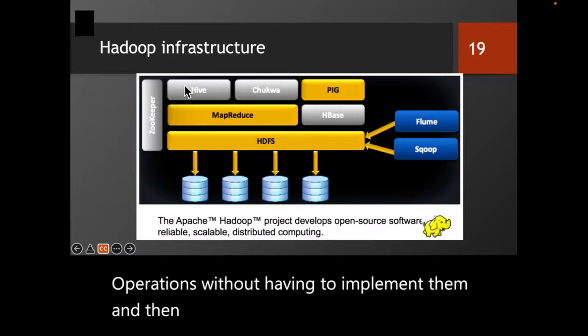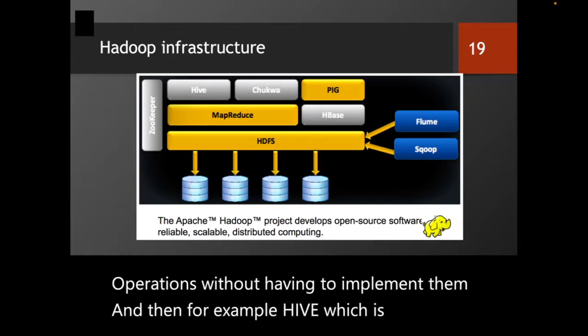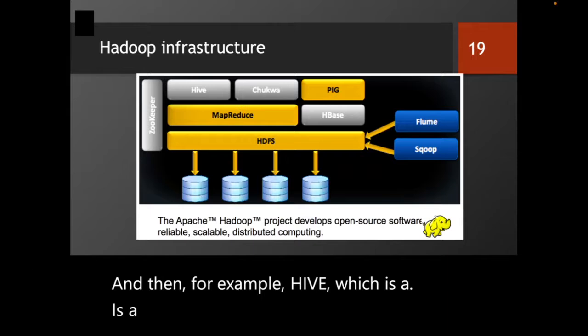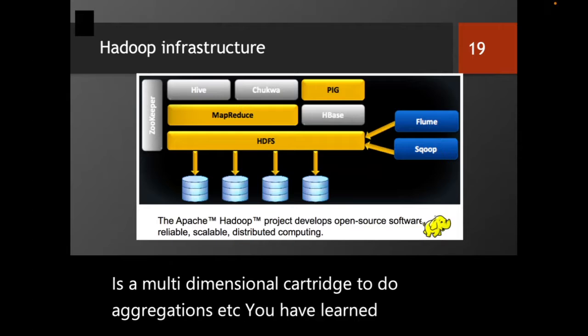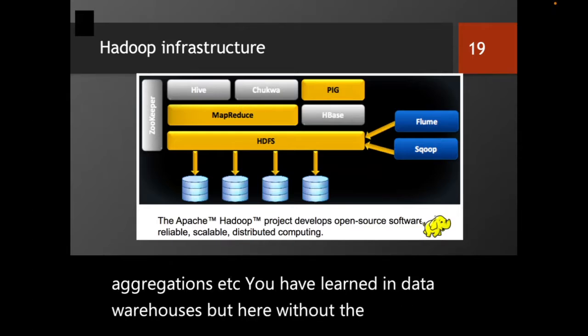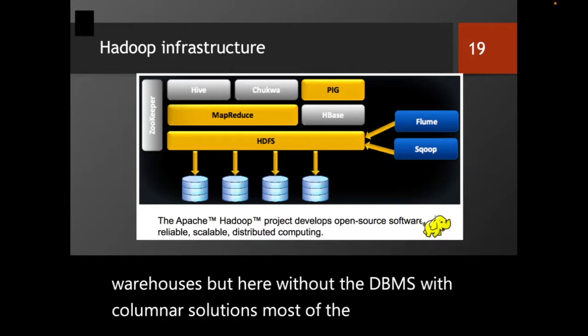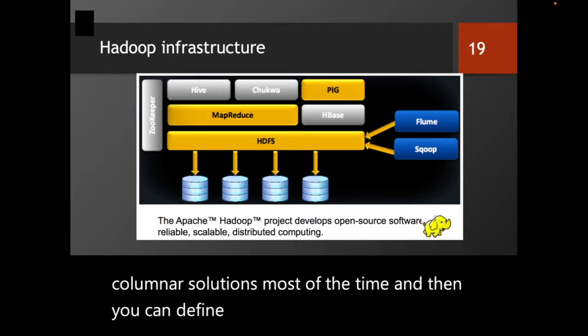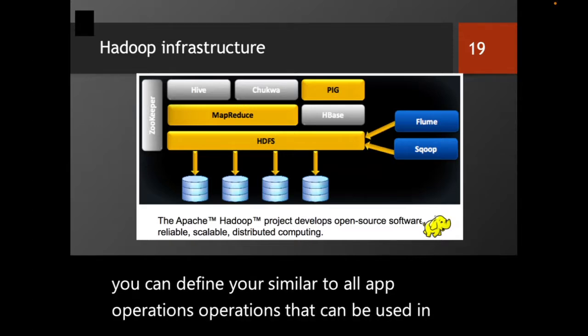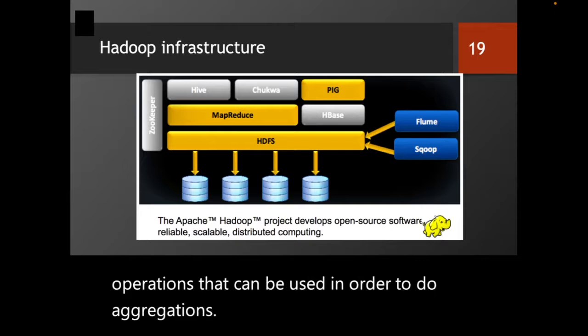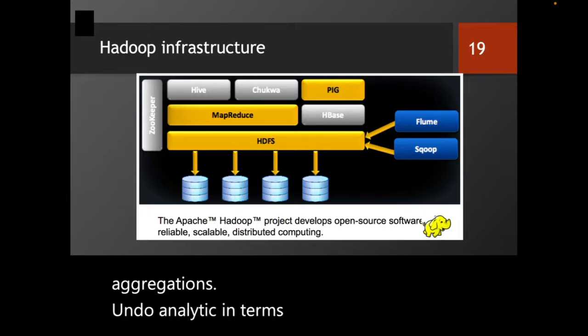And then, for example, Hive, which is a multi-dimensional cartridge to do aggregations, etc. As you have learned in data warehouses, but here without the DBMS, with columnar solutions most of the time, and then you can define operations similar to OLAP that can be used in order to do aggregations and do analytics in terms of aggregated data, more or less easy.